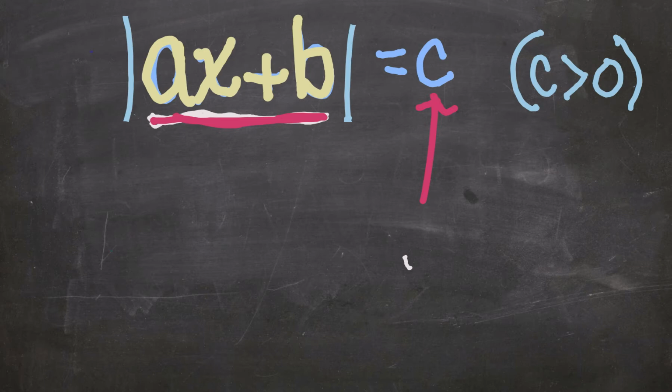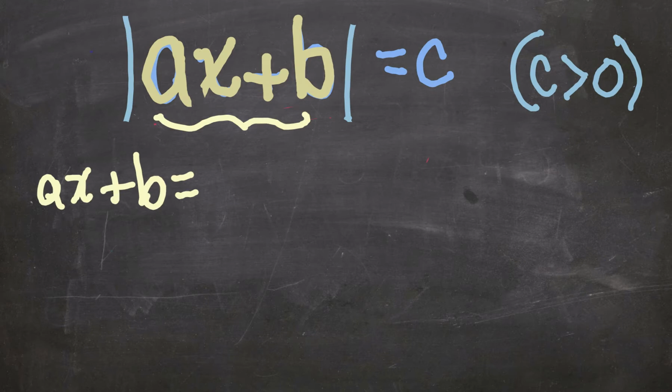So let me show you how we're going to do it. We're not going to change any sign of the ax plus b. We're going to change the sign of the c, since we know it's equal to ax plus b. Watch how we do this. We'll write ax plus b can equal c without the absolute value symbols on this one, okay?